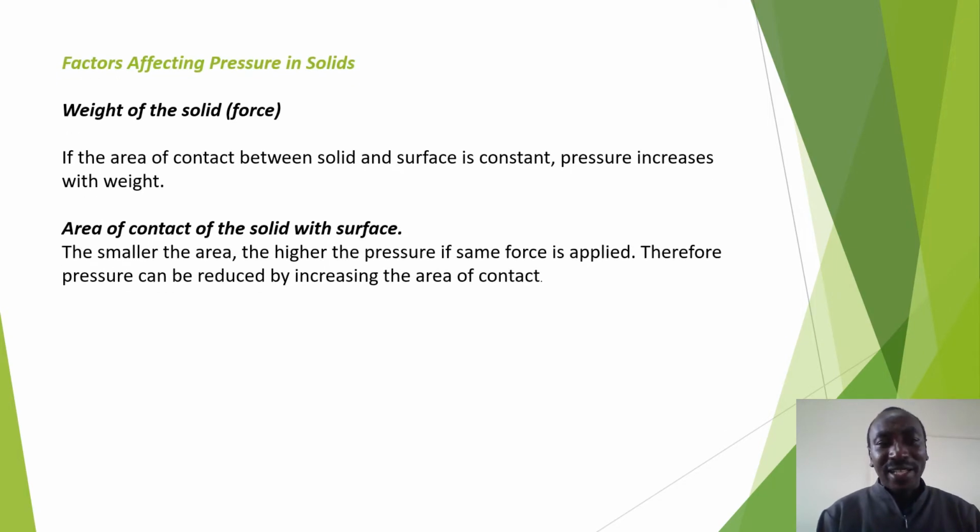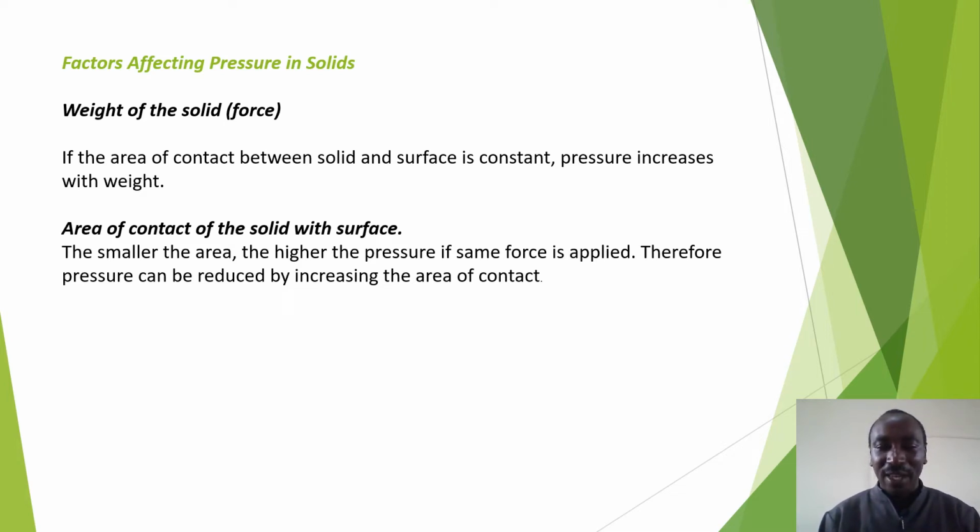What are the factors affecting pressure in solids? From the definition, pressure is equal to force over area. So those are the two factors affecting pressure in solids. The first one is force, or the weight of the solid. You can see from the formula that weight is directly proportional to the pressure exerted.